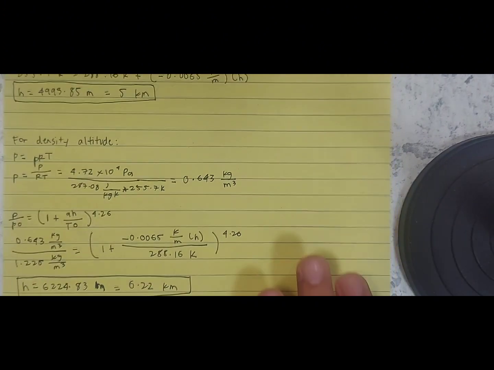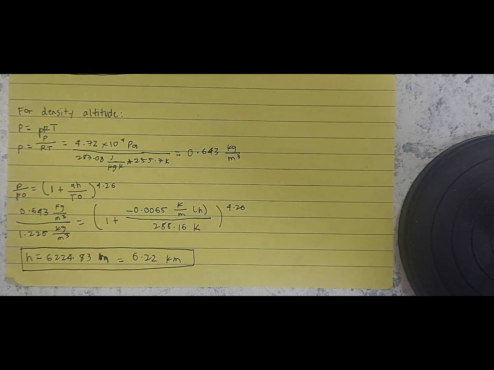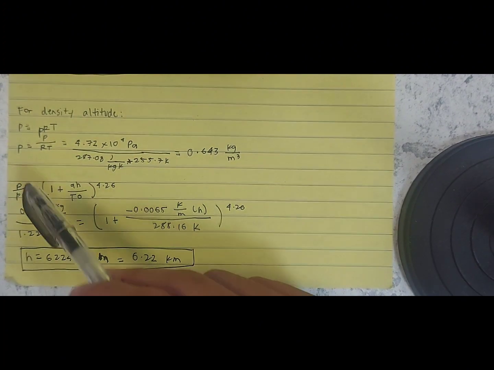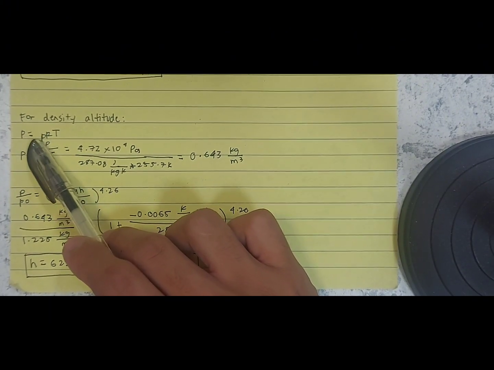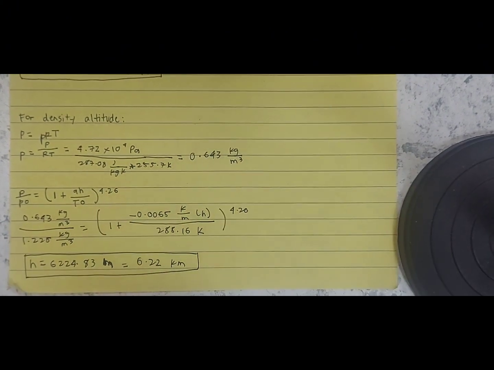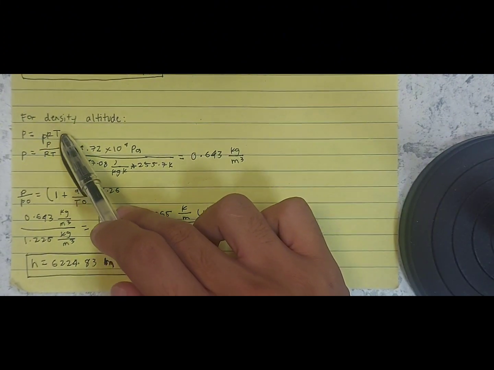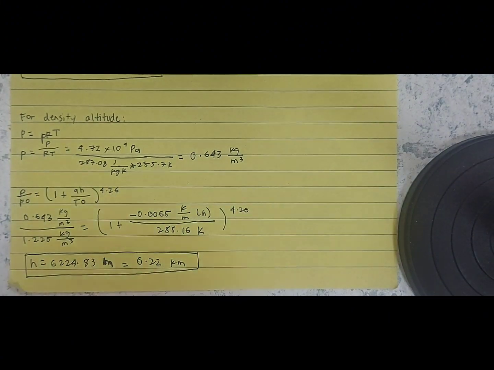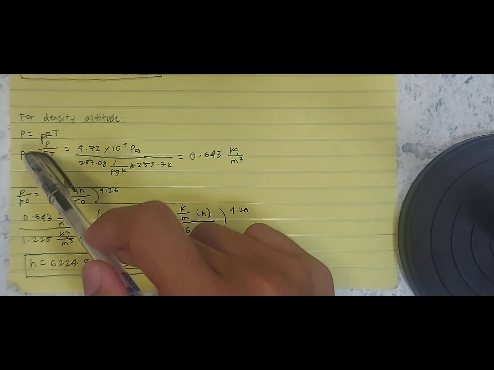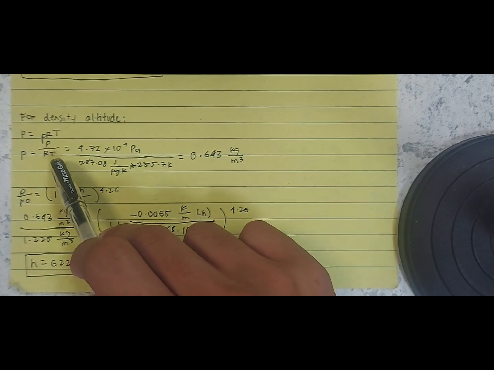So, next, for us to identify the density altitude, what we're going to do is we can use the equation of state, which is given here. Dito, given a pressure and given a temperature, ang hahanapin na lang is yung rho. So, in order for us to do that, i-manipulate mo lang yung equation. Pressure is equals to rho RT.